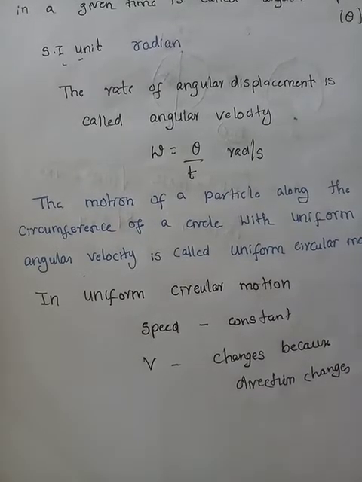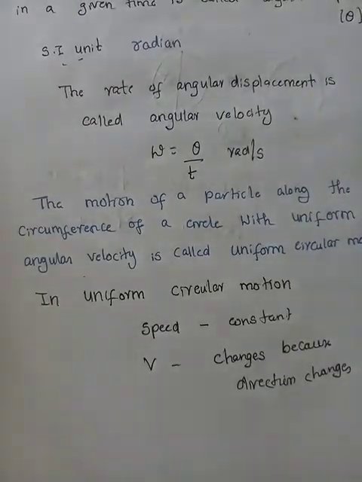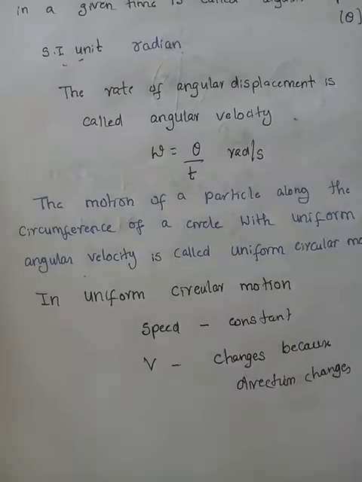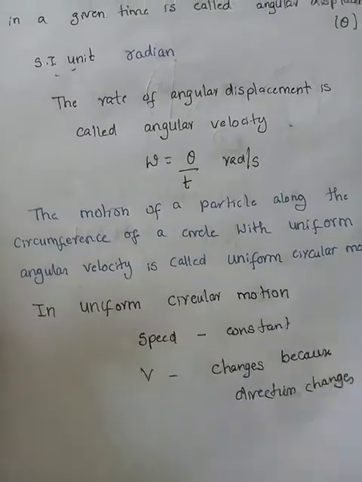Now, we are talking about velocity and angular velocity. Angular velocity is the rate of change of angular displacement. Let us find the relation between V and omega. Now I am going to derive the relation between linear velocity and angular velocity.